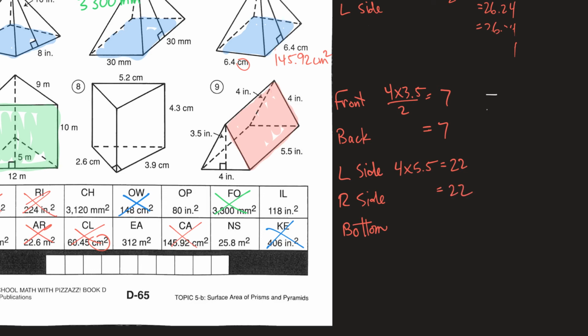Now all we need is the bottom. And the area of the bottom is going to be this here. That looks like that's 4 times 5.5 as well, so that's going to be 22 also.